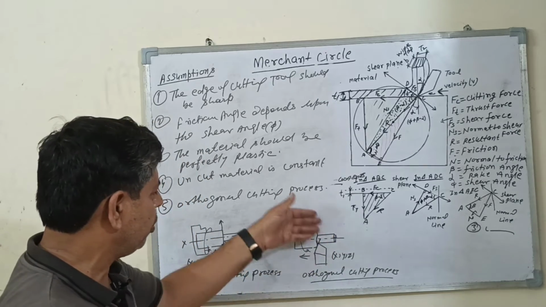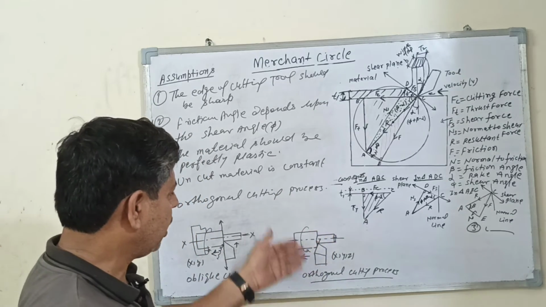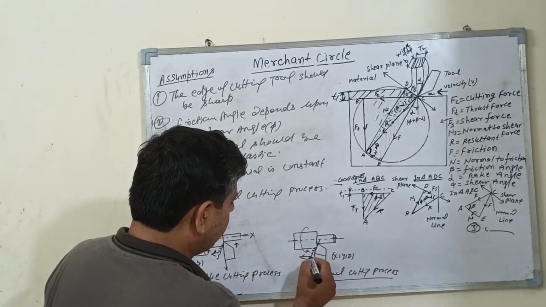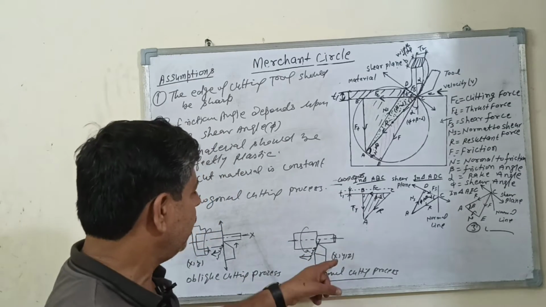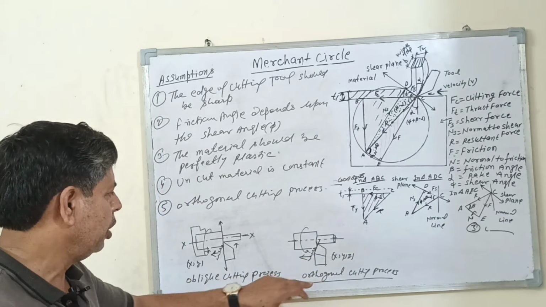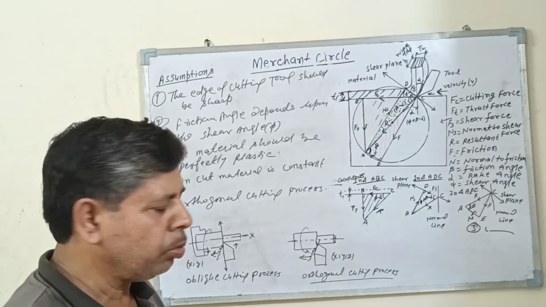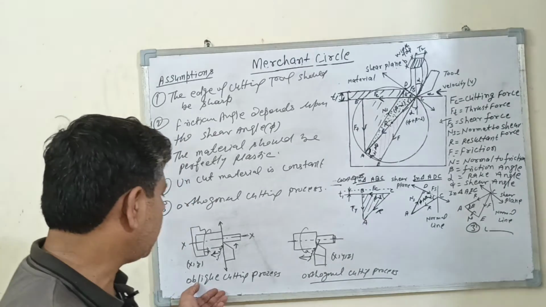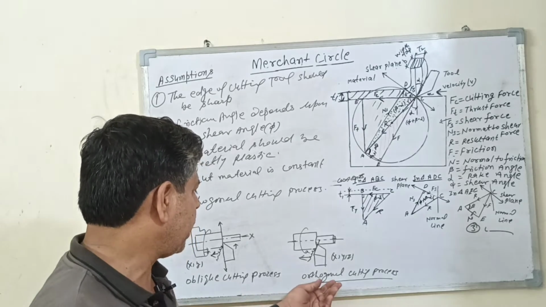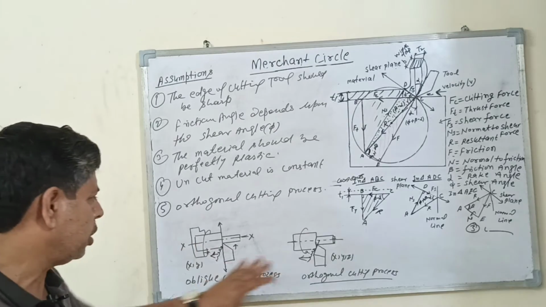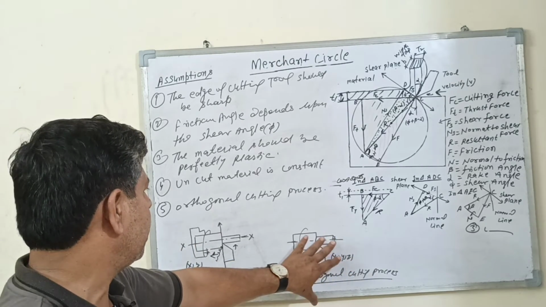When the workpiece is rotated in the anti-clockwise direction, metal is removed in the form of chips at the inclination, and in this process three coordinates are used: x, y, and z. The cutting processes are generally of two types: the orthogonal cutting process, in which two coordinates are used, and the oblique cutting process, in which three coordinates are used.